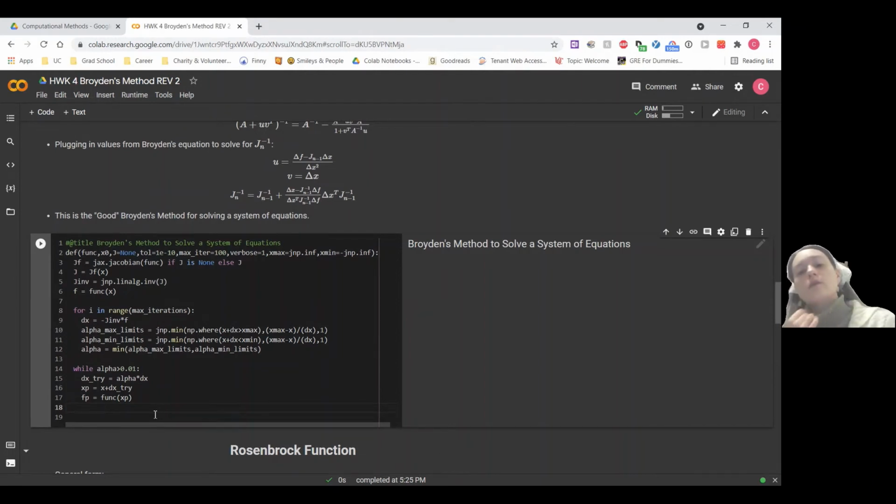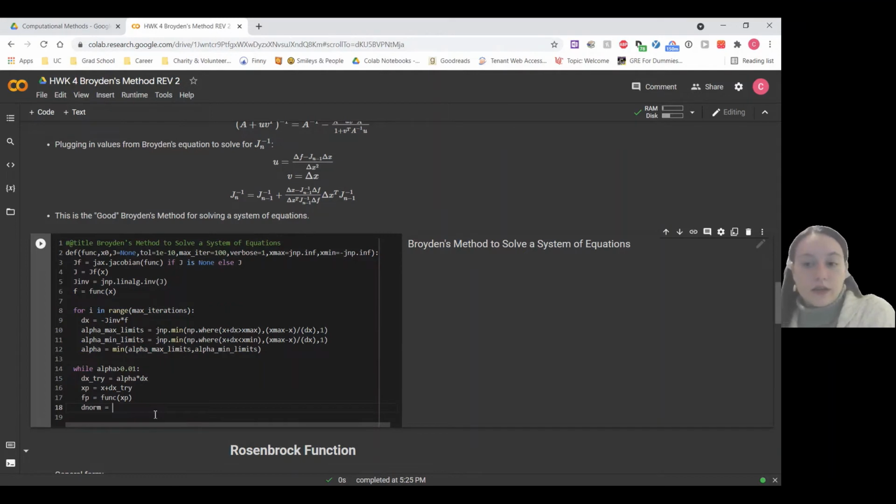So now we want to make sure that as we're calculating these alpha values, we're going in the right direction, meaning we actually are getting closer and closer to the root. So for this, we're going to use this d norm. So d norm is just the magnitude of a vector.